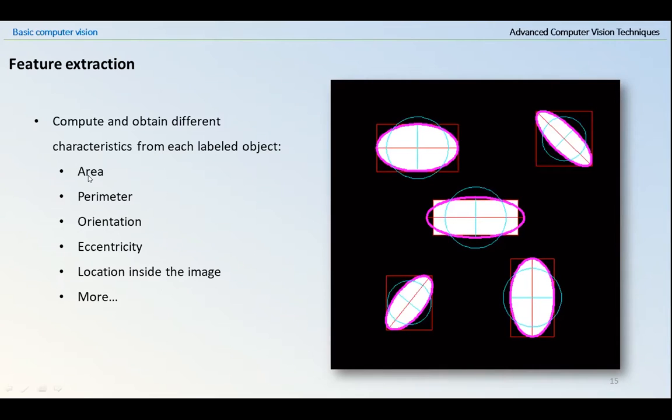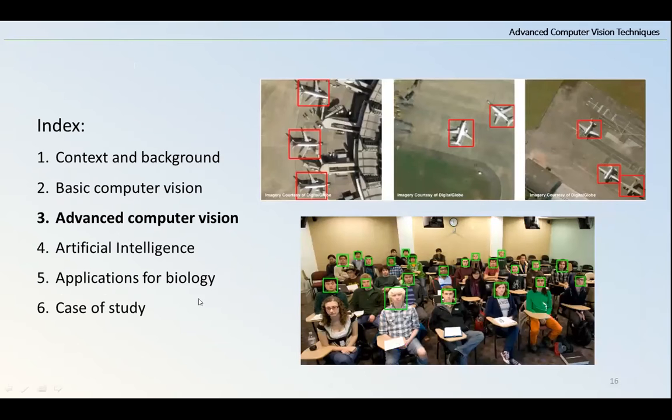For example, the area in pixels, its perimeter, its orientation, the eccentricity, which is like how circle shaped the blob is, the location inside the image, very important, and a lot more features we can extract individually. And okay, that was all that is considered the basic computer vision methods. Now let's see a few of the advanced ones.